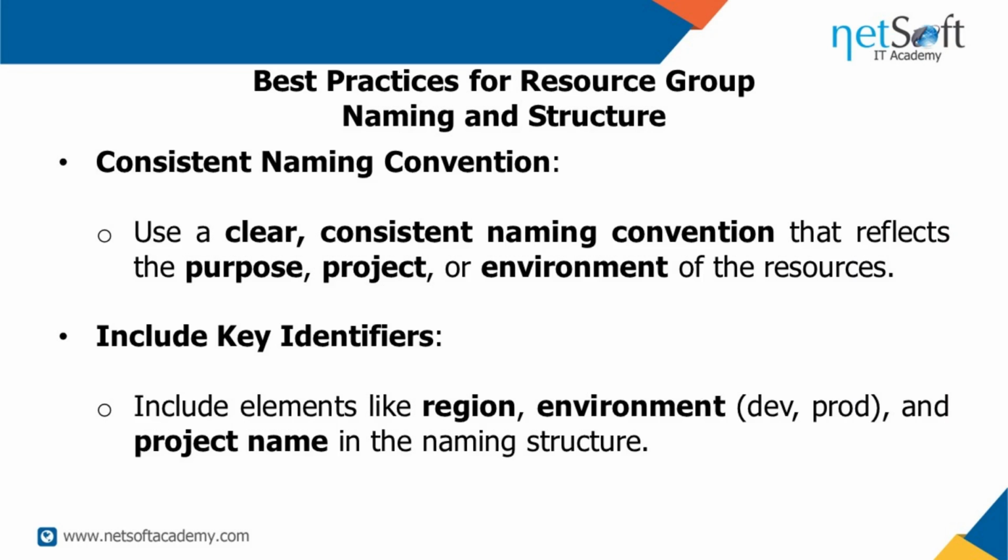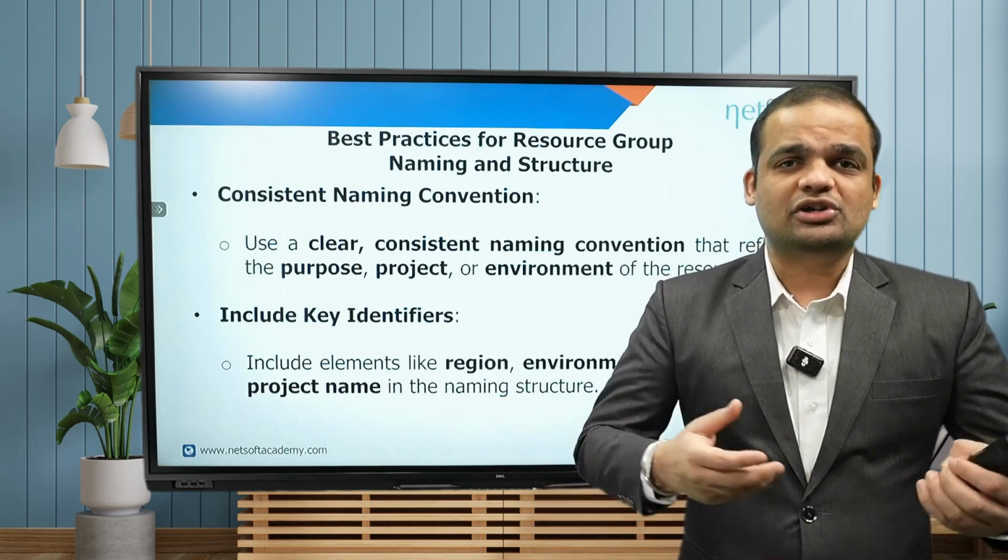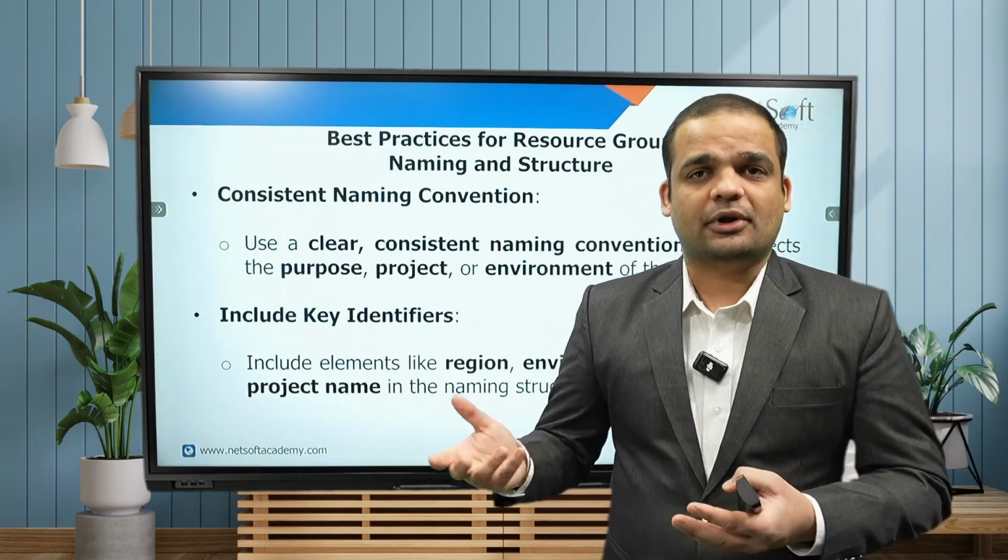So with that, you should be consistent. Follow a standardized format that reflects the purpose of the group. Use key identifiers. You can include details like region, project, or environment in your name. For example, you can say RG production, that is resource group production.